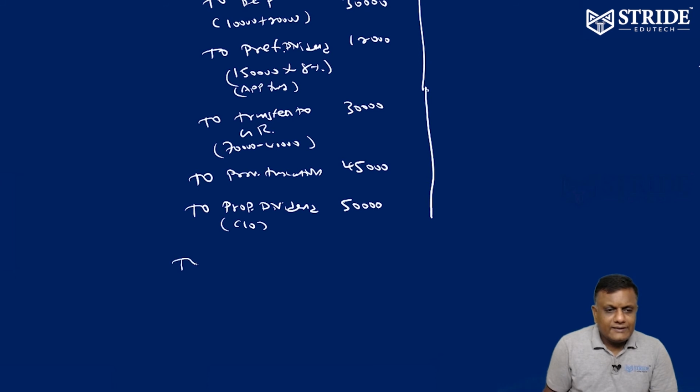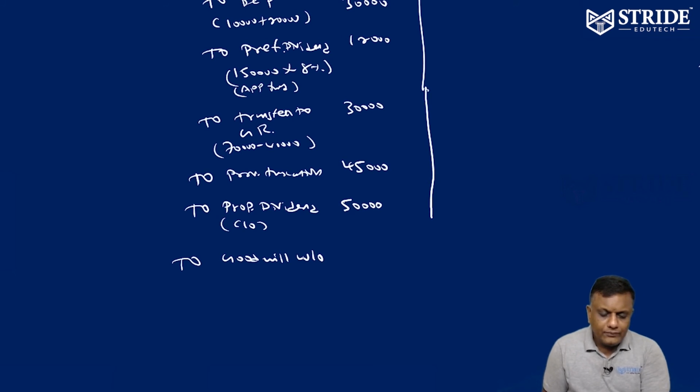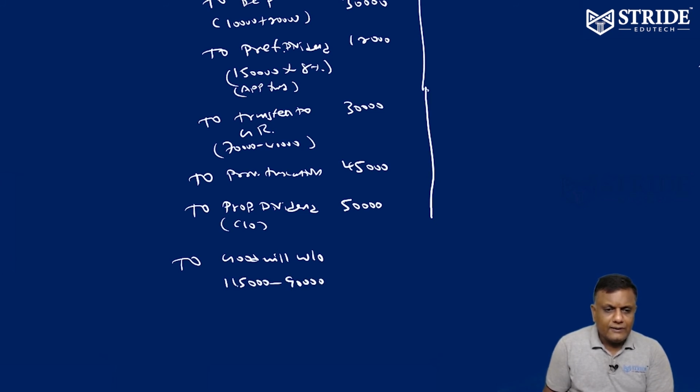Next, asset side, goodwill written off. Opening goodwill 1,15,000, closing goodwill 90,000, so 25,000 reduced, which means 25,000 amortized or written off.